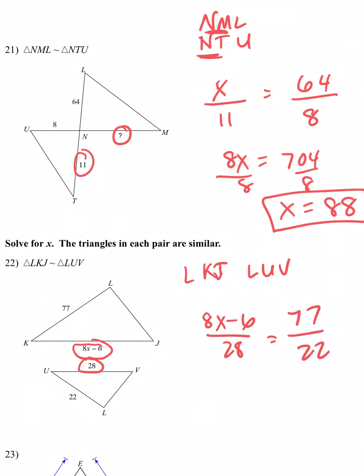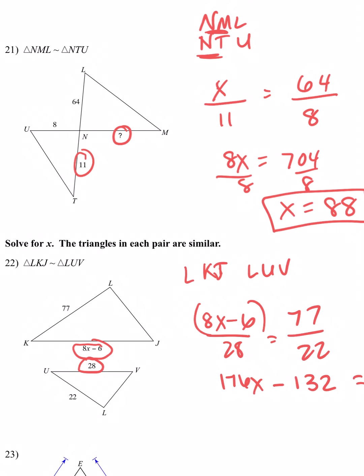So when you cross multiply, you get 22 times 8x is 176x, minus 132, because 22 times negative 6, and that equals 28 times 77, which is 2156.